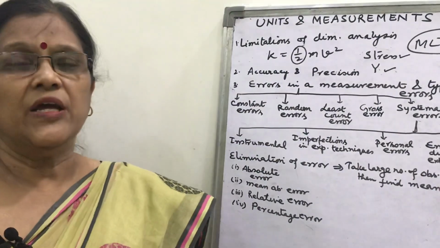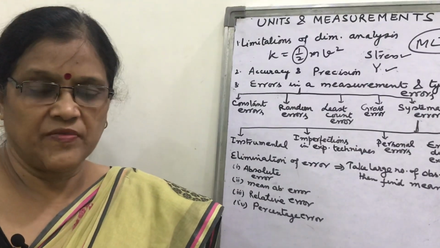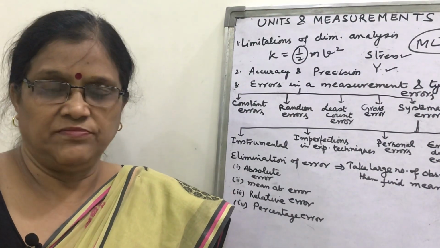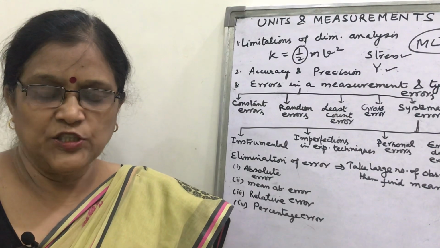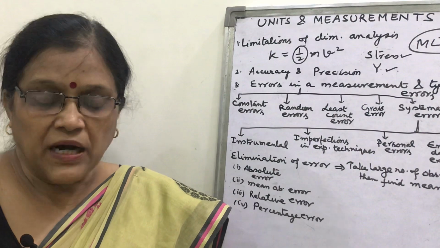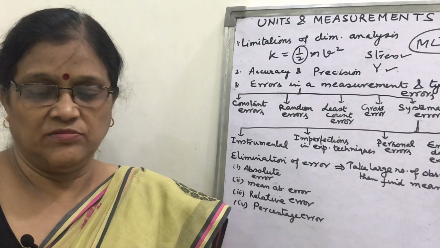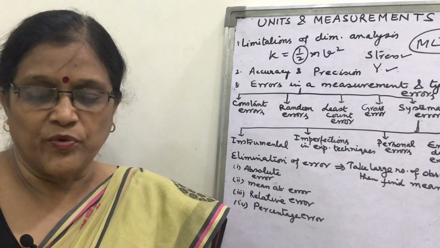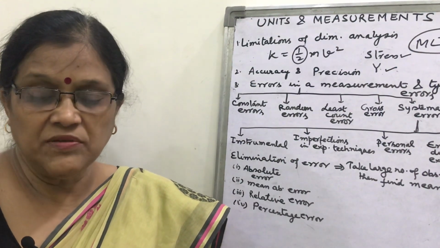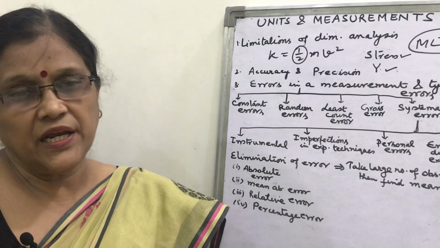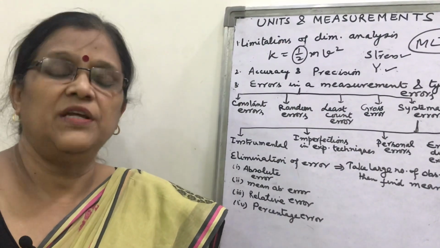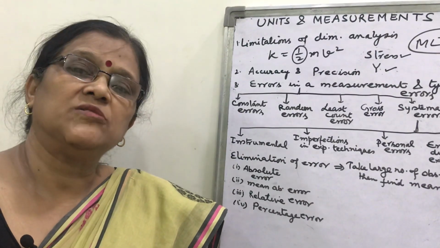And finally, if an equation fails the consistency test, it is proved wrong. But if it passes, it is not proved right. What is the meaning of this? A dimensionally correct equation need not be the exact equation.